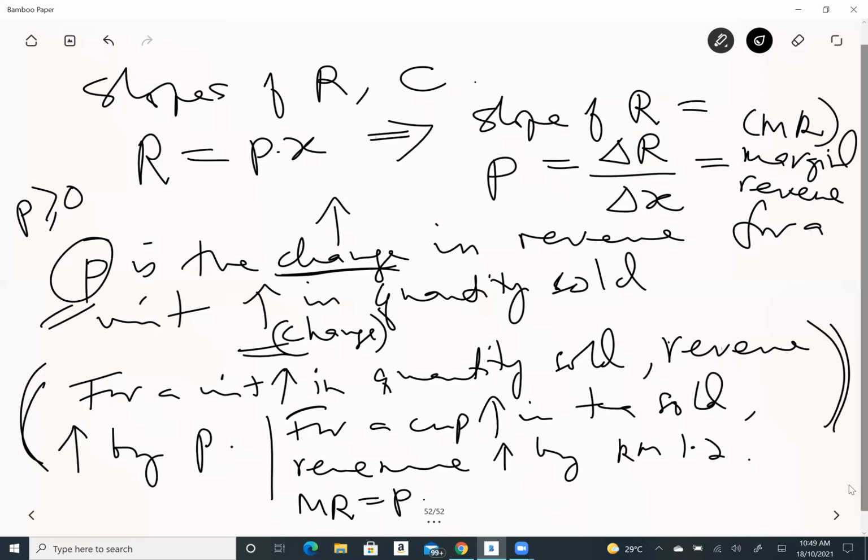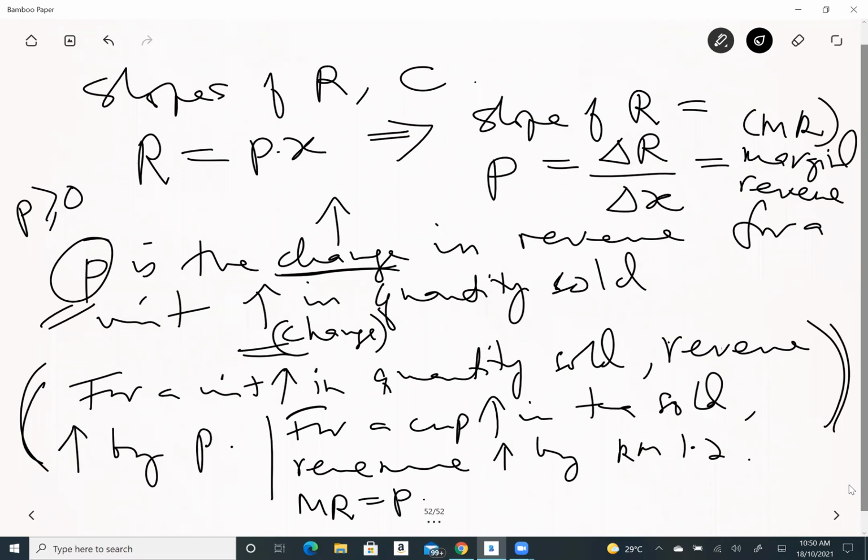One is the meaning, the concept: the marginal revenue is the price. That is by definition. How do you describe it? Describe it in terms of the increase: the increase in revenue for a unit increase in quantity. So that is how we describe the marginal revenue. Okay, any question, any comment?